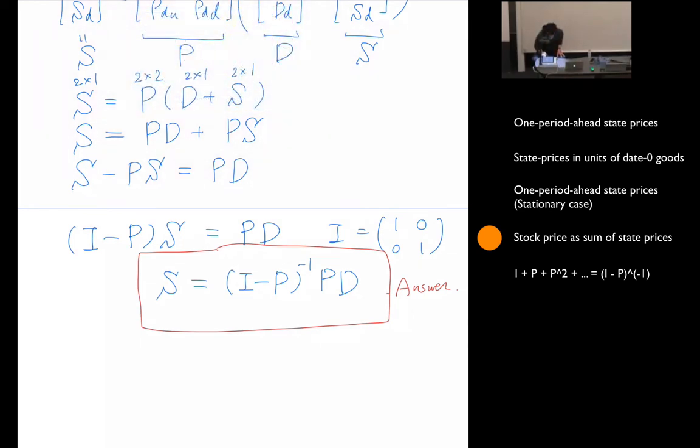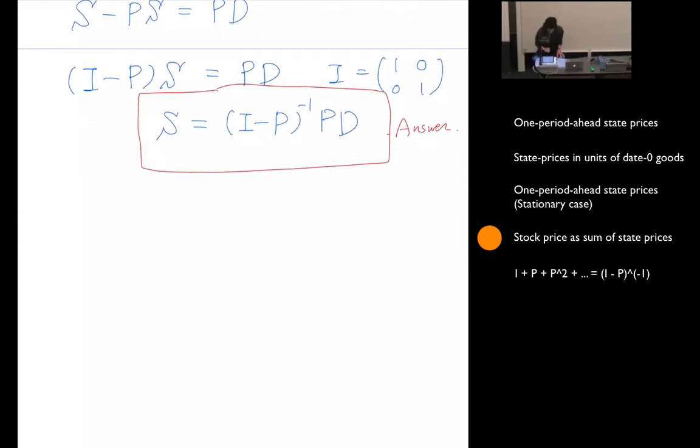Now let me give you more intuition about this result. As you might know, this inverse matrix is equal to I plus P squared plus P cubed, this infinite sum.